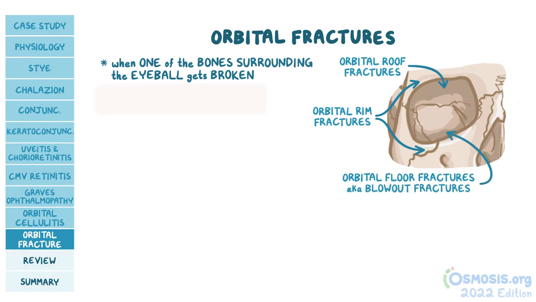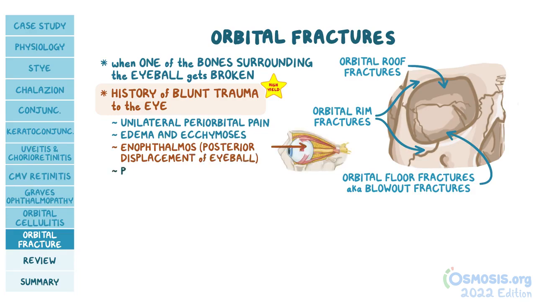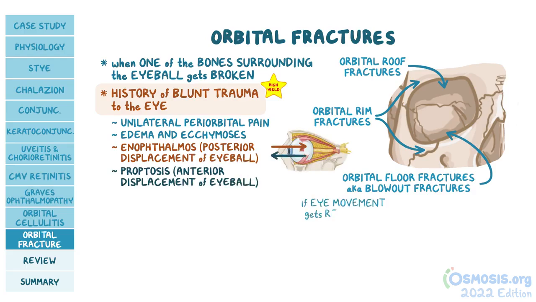Now, in a test question, look for a history of blunt trauma to the eye. Symptoms may include unilateral periorbital pain, edema, and ecchymosis, enophthalmos, meaning a posterior displacement of the eyeball, or proptosis, meaning an anterior displacement of the eyeball.